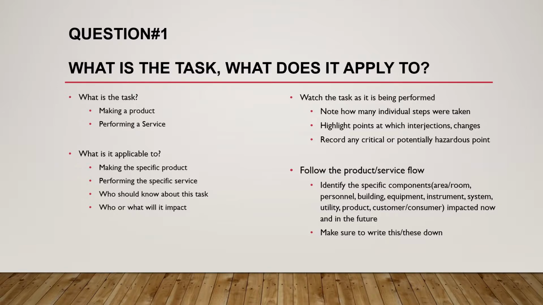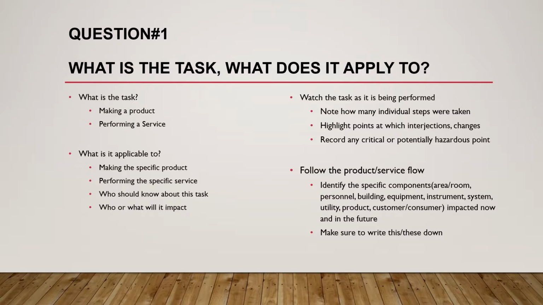Well, what is a task? Is it making a product? Performing a service? You'll have to decide. Maybe it's both. What is it applicable to? Making the specific product, performing the specific service? Who should know about this task? Who or what will it impact? Watch the task as it is being performed. Note how many individual steps were taken.